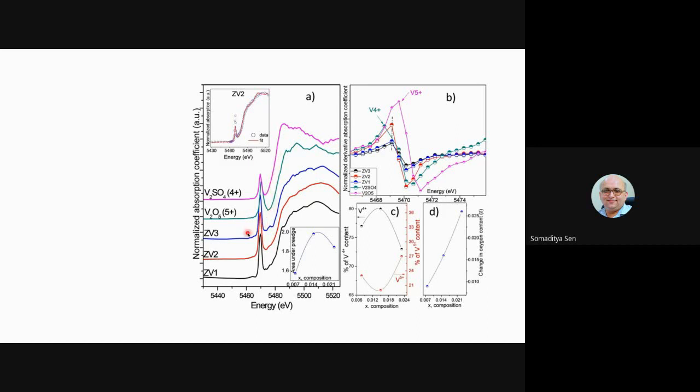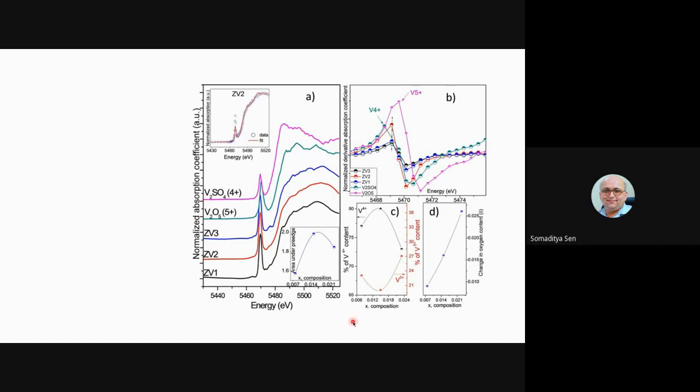If it is 5 plus, the edge will be at a higher energy. And if it is a 4 plus state, the absorption will be at a lower energy. So by analyzing our material, we can find out the amount of vanadium 4 plus concentration as compared to vanadium 5 plus concentration.